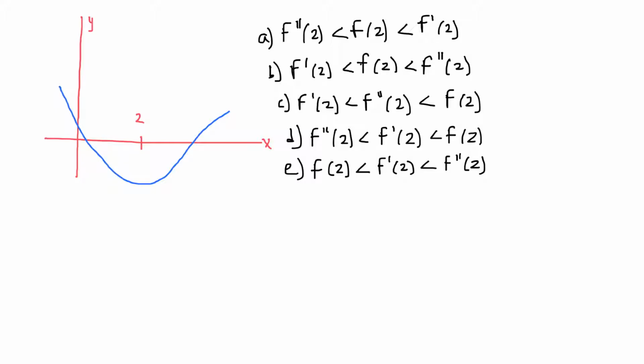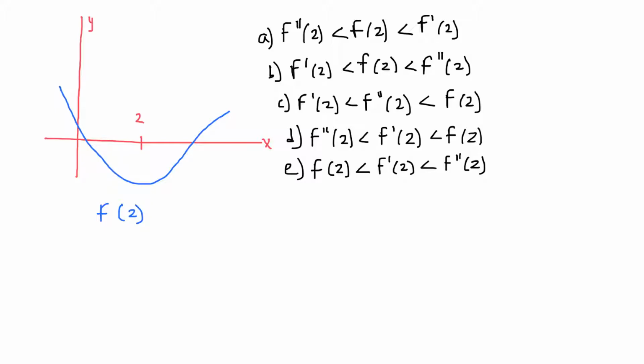All you have to do is look at the items that they're comparing. In this case, it's f prime, f double prime, and f at the same value, 2. So on your own, let's start with f. What do you know about f of 2?